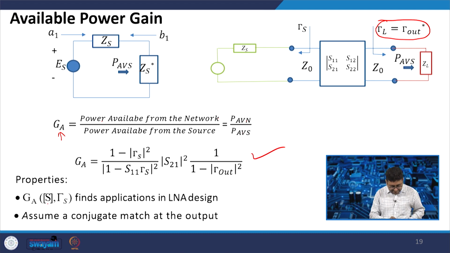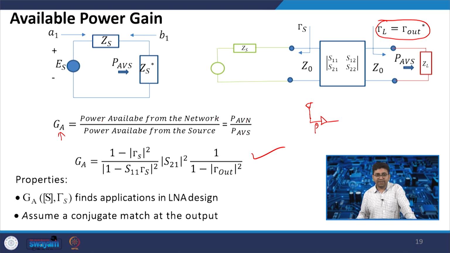Here GA is a function of gamma S, because the source is more important. We already know that for a low noise amplifier you are going to connect an antenna, as we discussed in the different transceiver architectures. The first component is a low noise amplifier and its input impedance should be matched with the antenna. So the input side is more important, and as the output is already matched, GA has application in LNA design.